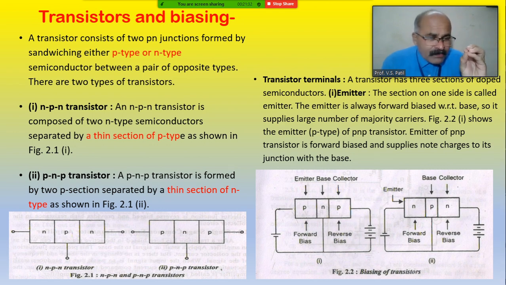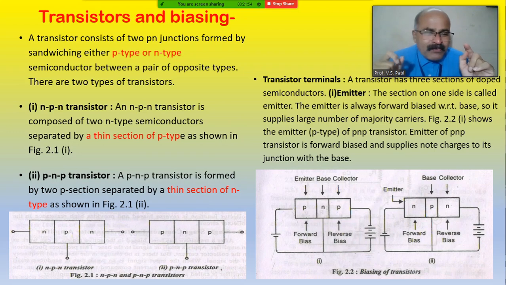It means we have to bias the transistor properly, and if it is biased properly, then it will work in the active region. Unless the transistor can work in the active region, we can't use it as an amplifier.